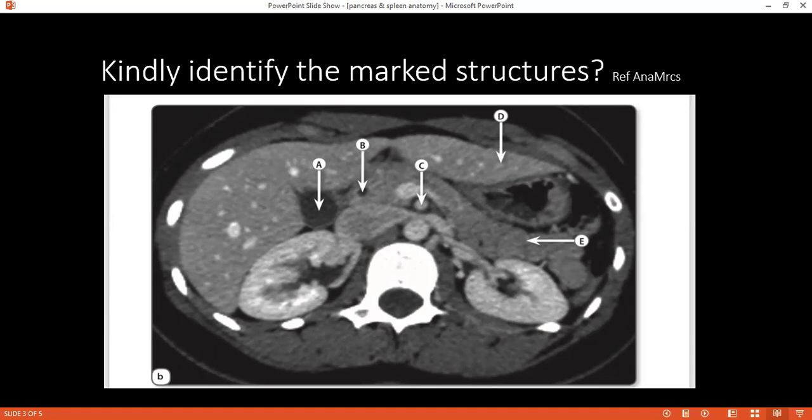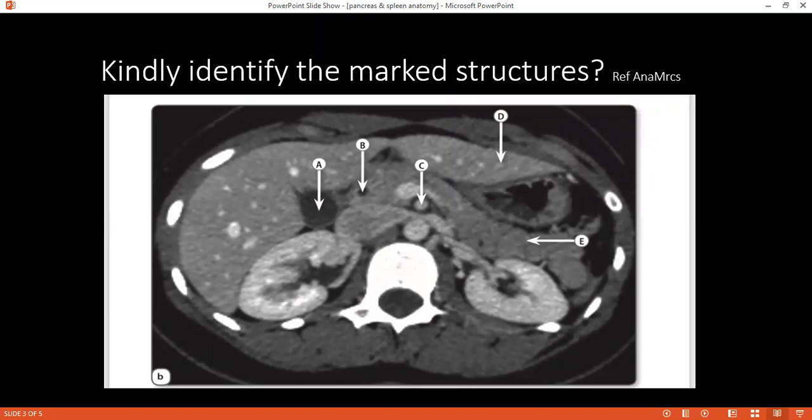And venous drainage by superior mesenteric vein. There are three sources of blood supply for pancreas. Okay, pancreatic branches from the splenic artery.